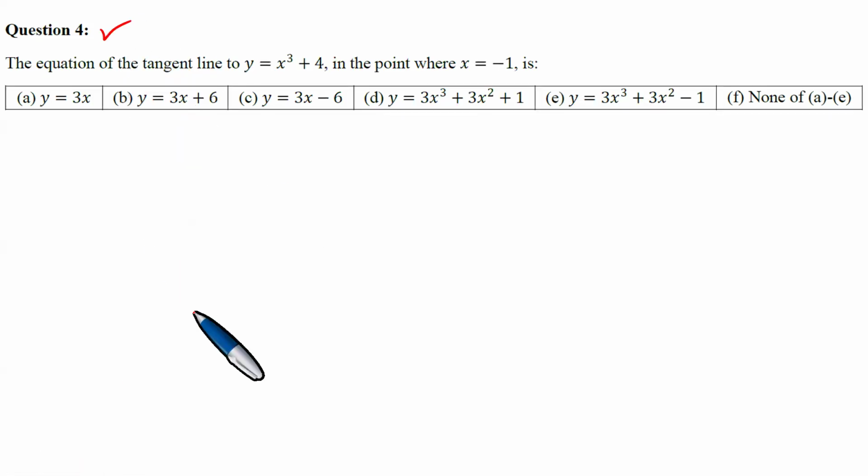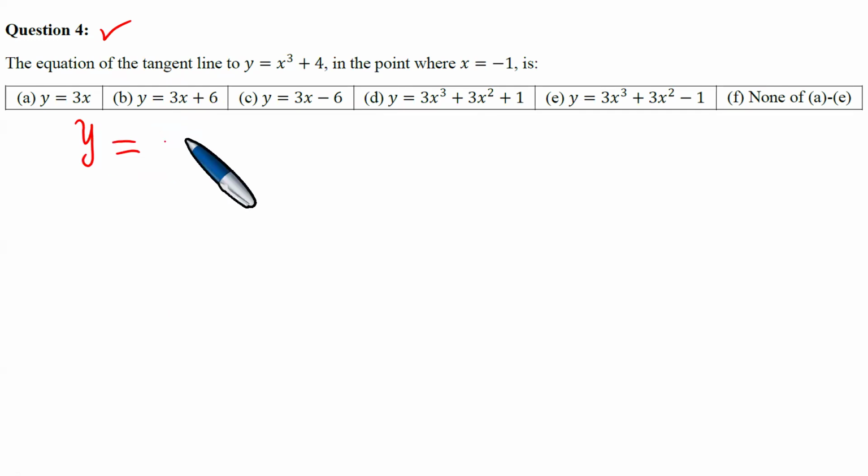Okay, now a couple of things that obviously remain very important. The equation of the tangent line to the curve at the point where x is minus 1 is what exactly?